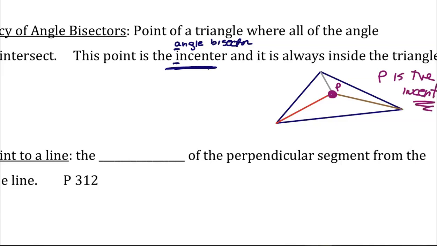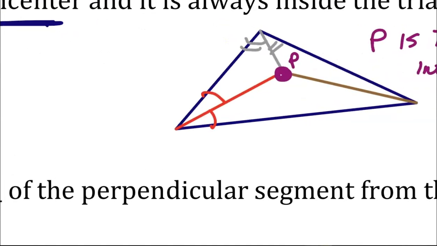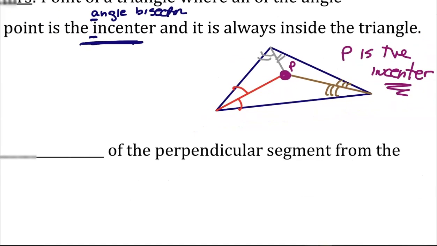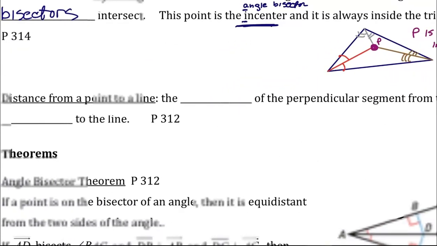Okay, that's the in-center. So all of those were angle bisectors, so let's indicate that. That's an angle that's been bisected. The gray has been bisected, and the brown. Let me just make that bigger. I'm going to use 3 here, and 3 there. All those angles have been bisected.